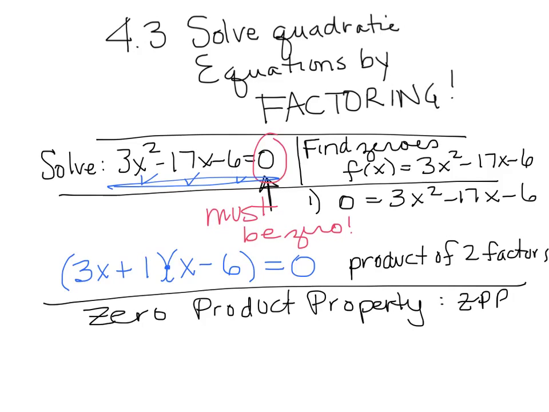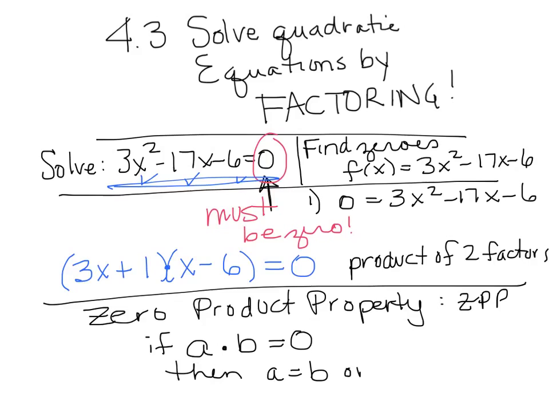So we're going to use ZPP. The zero product property simply states, you've seen it before, if I have a product of factors set equal to 0, that can only be true if it's true that A is equal to B. Oh, whoops, let me back up, that was wrong. Oops, I misspoke.